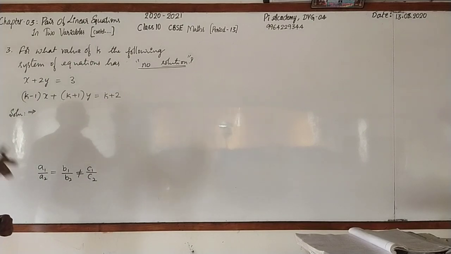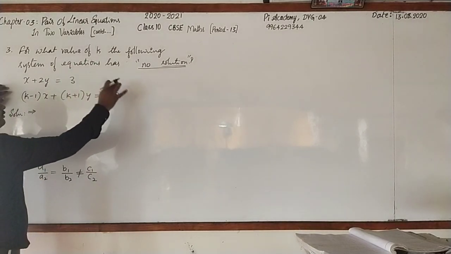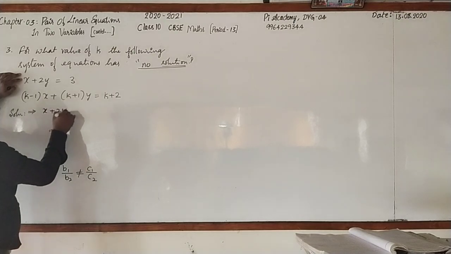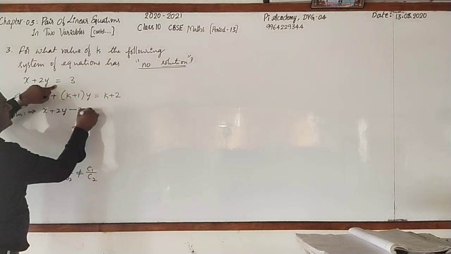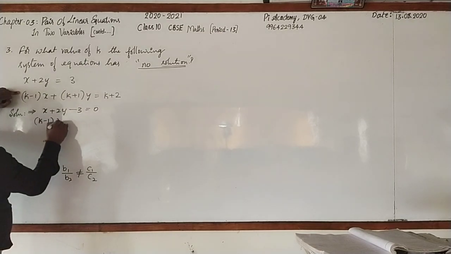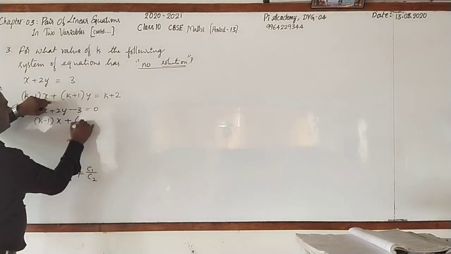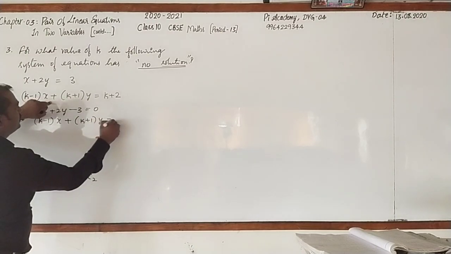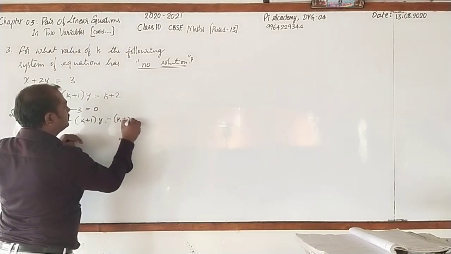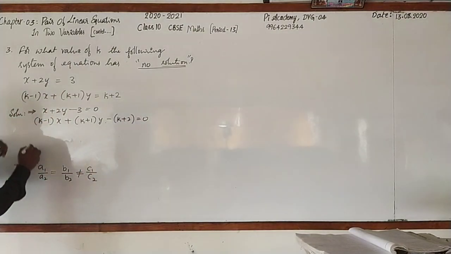Before that, you should pause the video and copy. After copying, please write it. It is x plus 2y, transfer 3 to the left hand side, minus 3 equal to 0. It is (k minus 1) into x plus (k plus 1) into y, minus of (k plus 2), which is equal to 0.